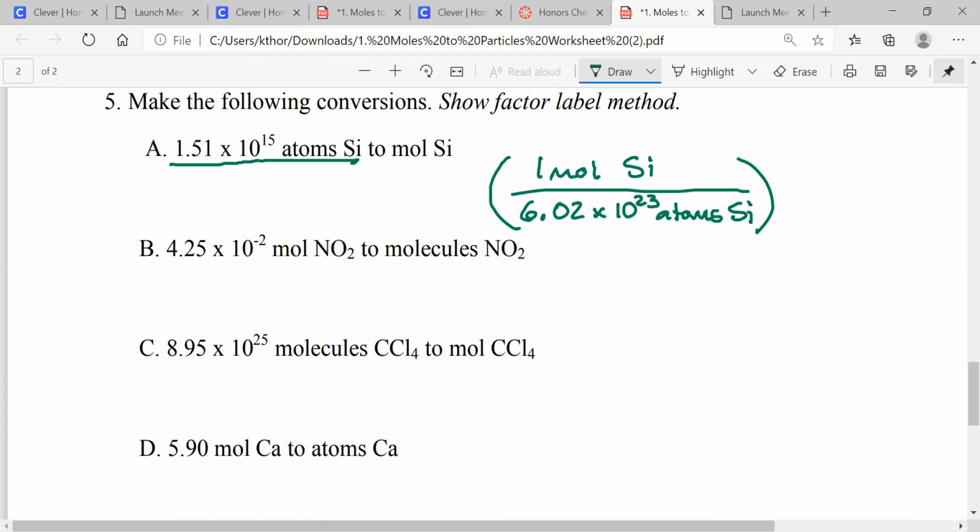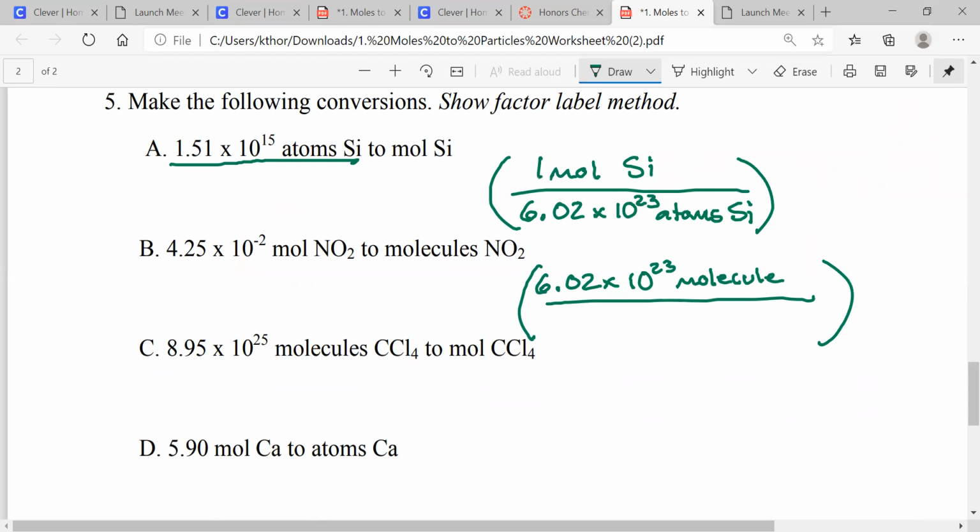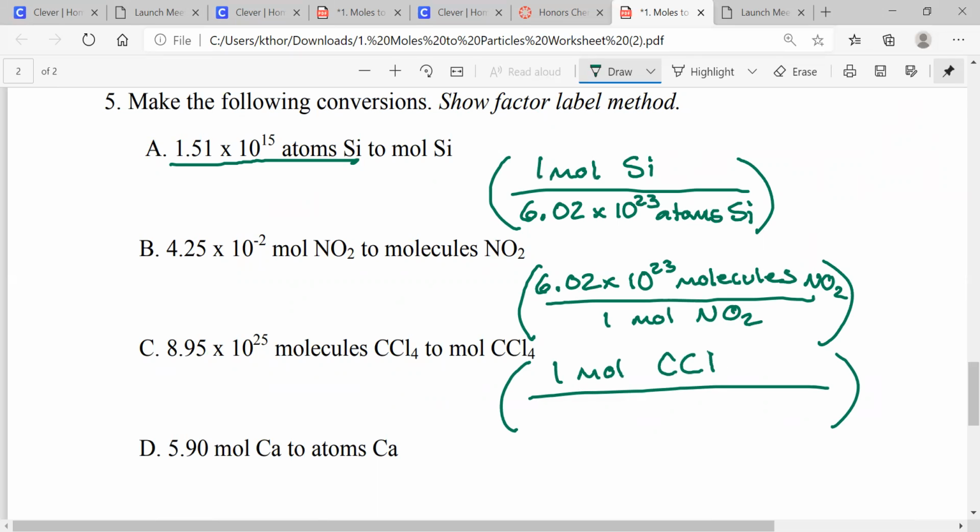Emma, for 5B, tell me what you put on top and bottom of your conversion table. On the top I put Avogadro's number, and on the bottom I put 1 mole. Okay. David, for 5C, what did you put on top and bottom of your conversion table? On the top I put 1 mole, and on the bottom Avogadro's number.